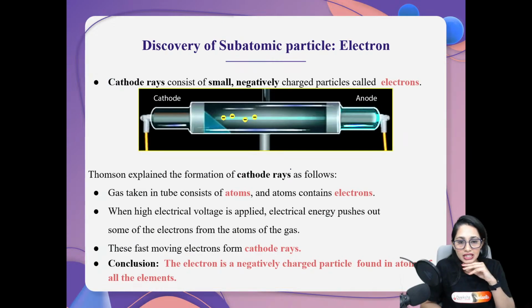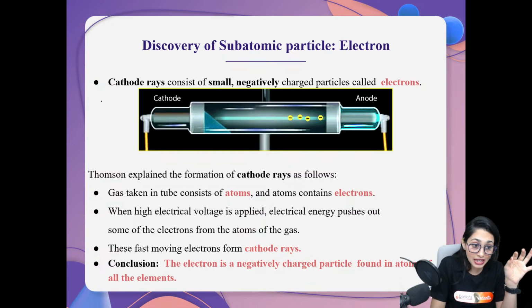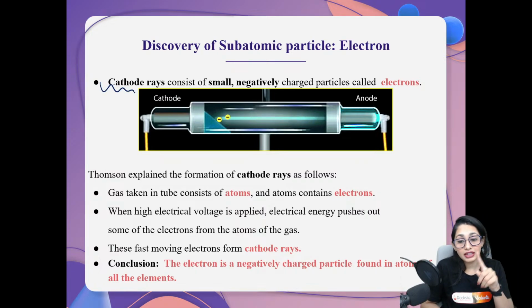So cathode ray consists of small negatively charged particles called electrons. These cathode rays were later named as electrons. Thomson explained the formation of cathode rays as follows. Gas taken in the tube consists of atoms. Absolutely, air is matter, gas is matter, right?